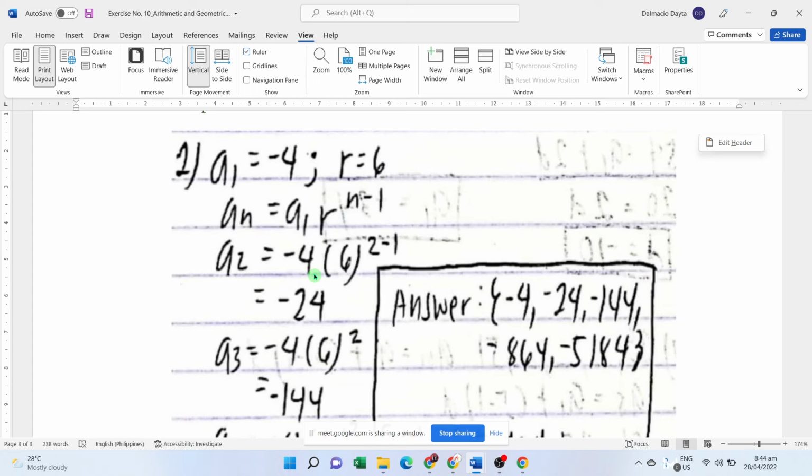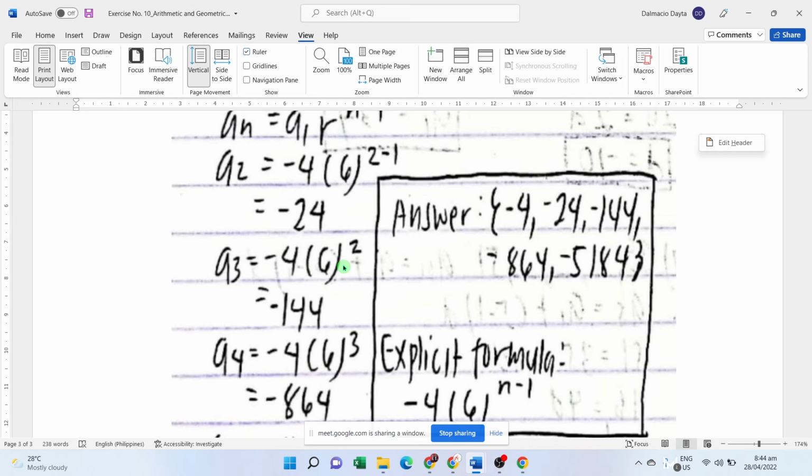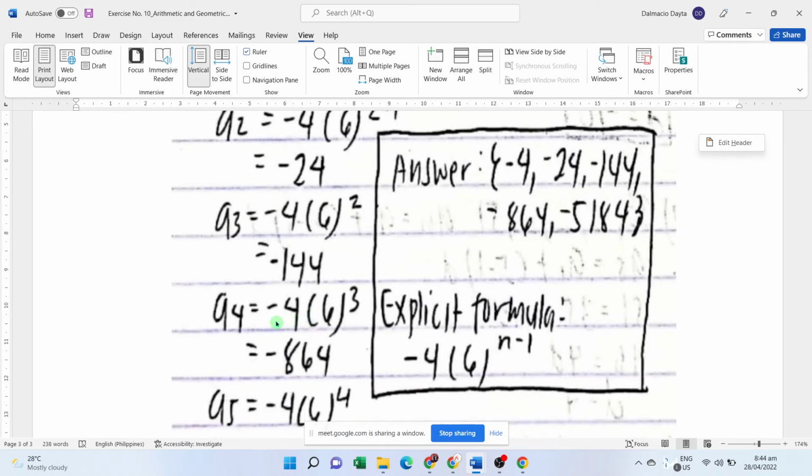A2 equals negative 4 times 6 raised to 2 minus 1 equals negative 24. Next, A3 equals negative 4 times 6 raised to 2 equals negative 144. Next, A4 equals negative 4 times 6 raised to 3 equals negative 864.